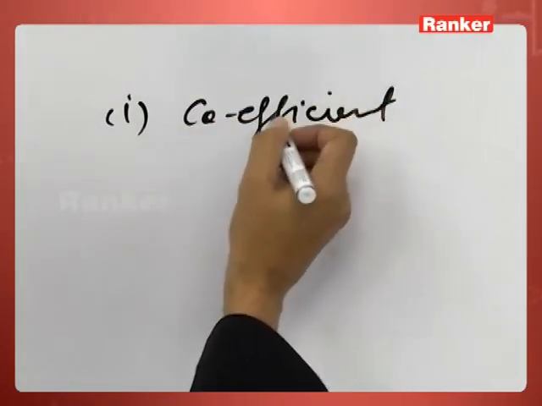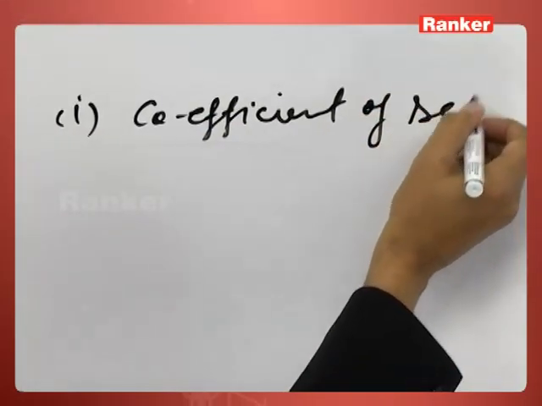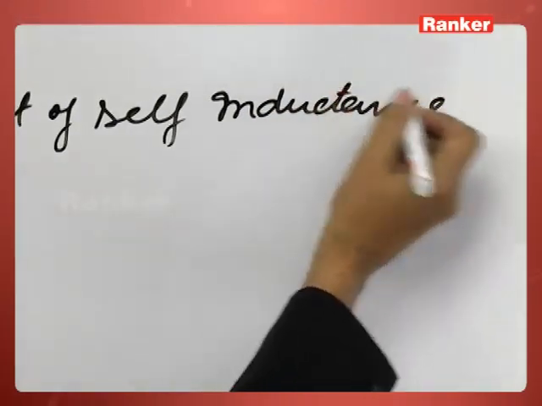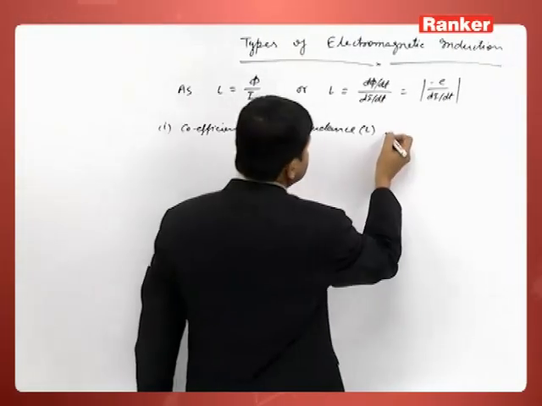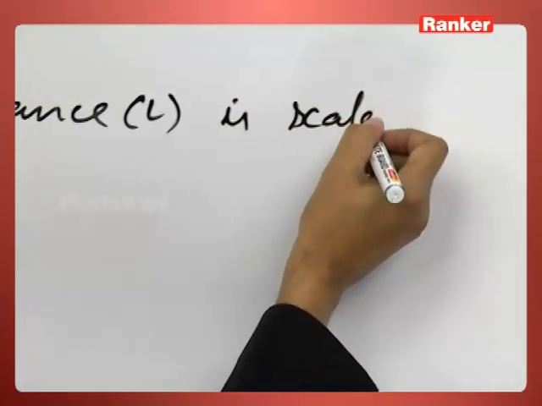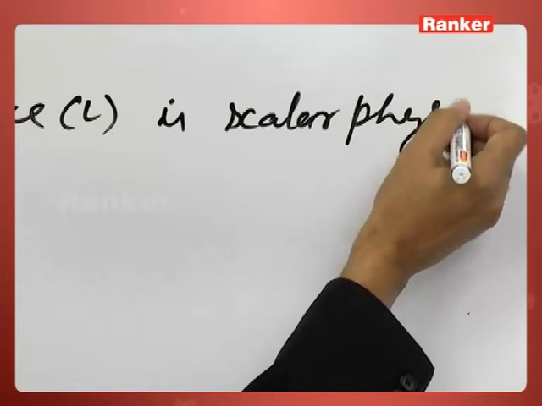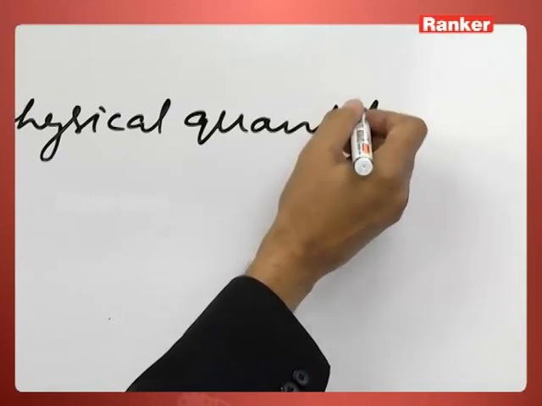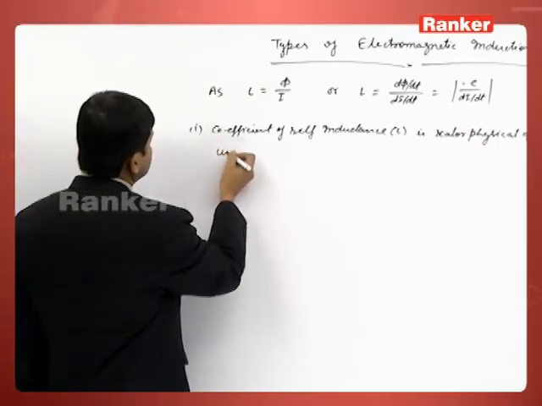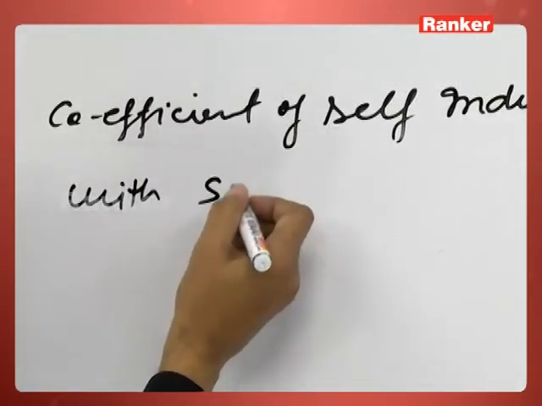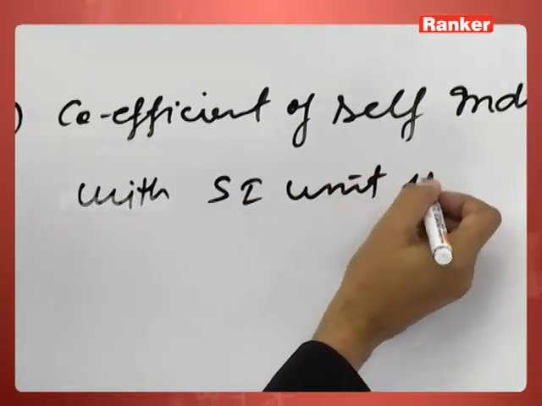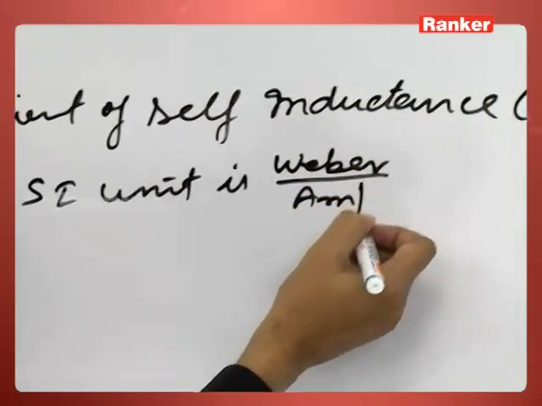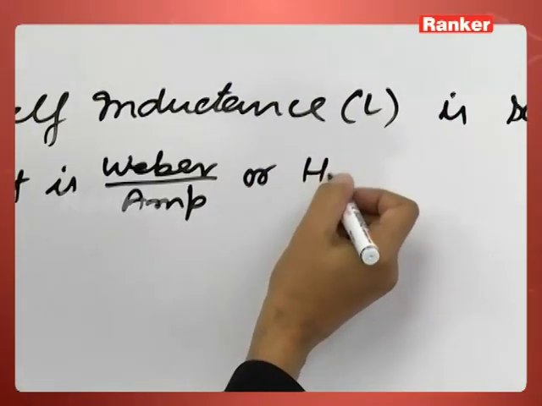So first point we can write: coefficient of self-inductance L is a scalar physical quantity with SI unit Weber per ampere, or it is also written as Henry.